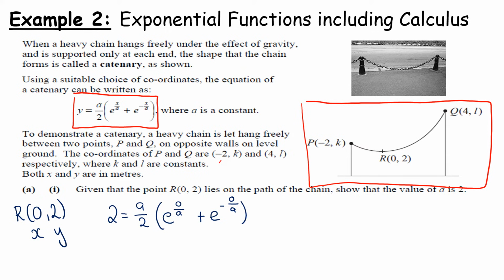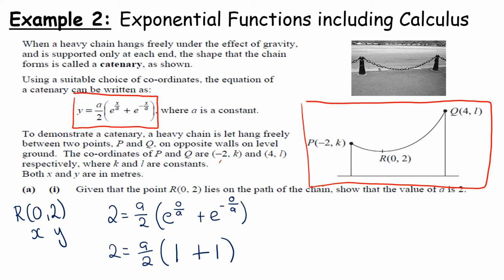Now, 0 divided by anything is still 0, and e to the power of 0 is 1, so 2 equals a over 2. This all breaks down to e to the power of 0 plus e to the power of 0. But anything to the power of 0 is still 1, so it becomes 1 plus 1.